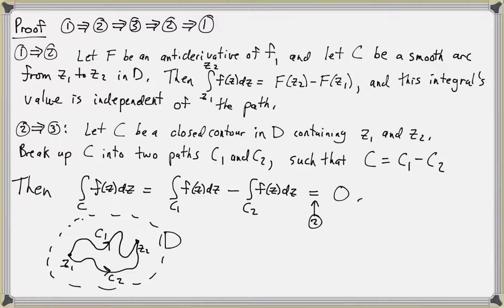Now for the next implication, we're going to show that 3 implies 2. So that is, we're going to assume that the integrals of f around closed contours all have value 0, and use this to show that the integrals along contours from a fixed point z1 to z2 all have the same value.